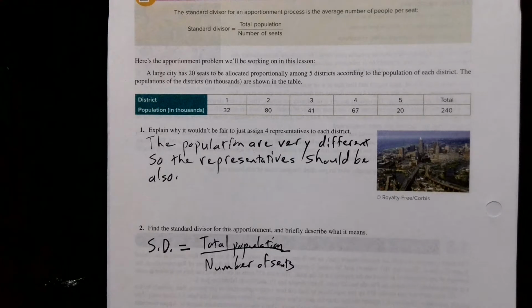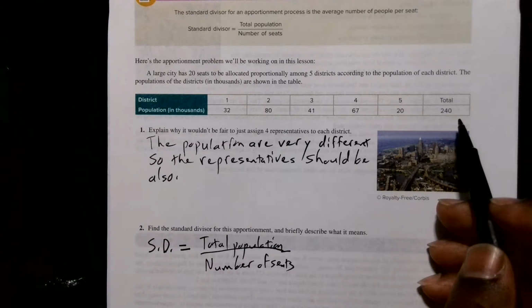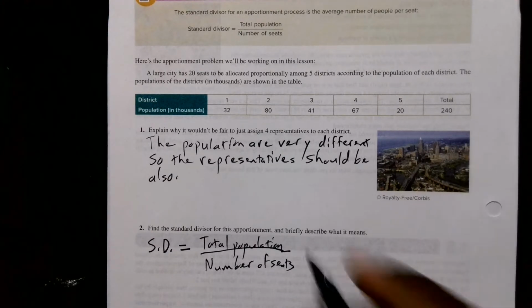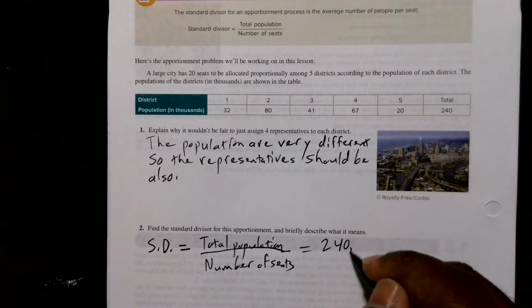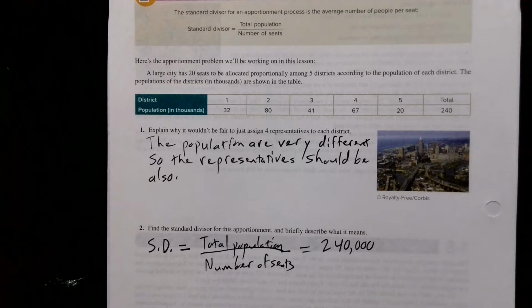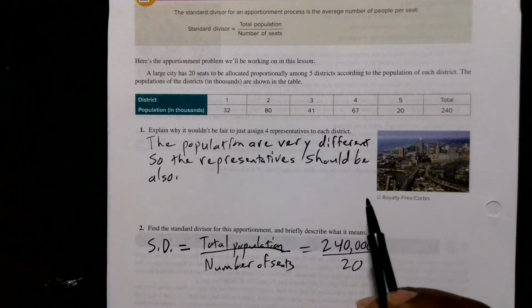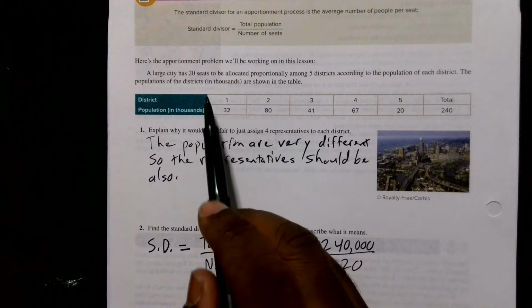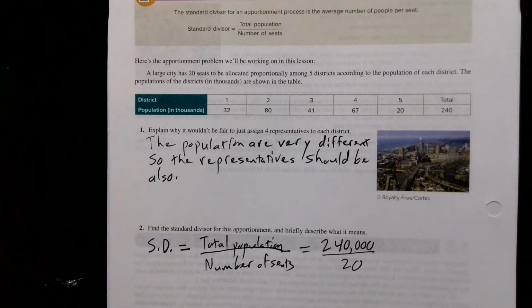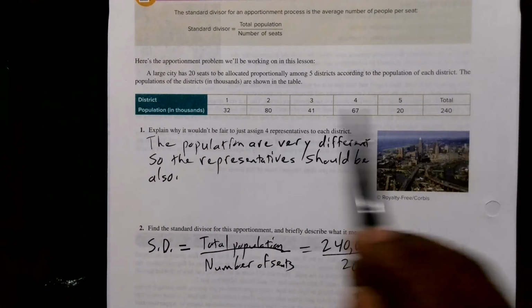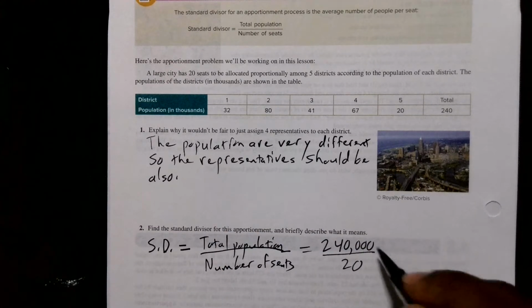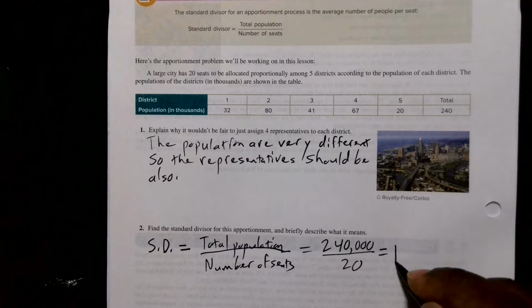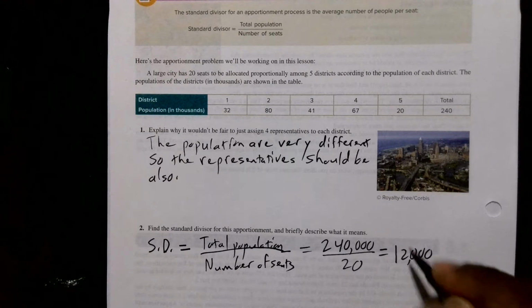Now, if we look here, the total population is given to us. We can use this as 240,000, and then we would divide that by 20, because we're told early in the problem that there are 20 seats to divide by. And remember, this 240 is in thousands, so that's how we get the 240,000. When you divide this out, you'll get 12,000.